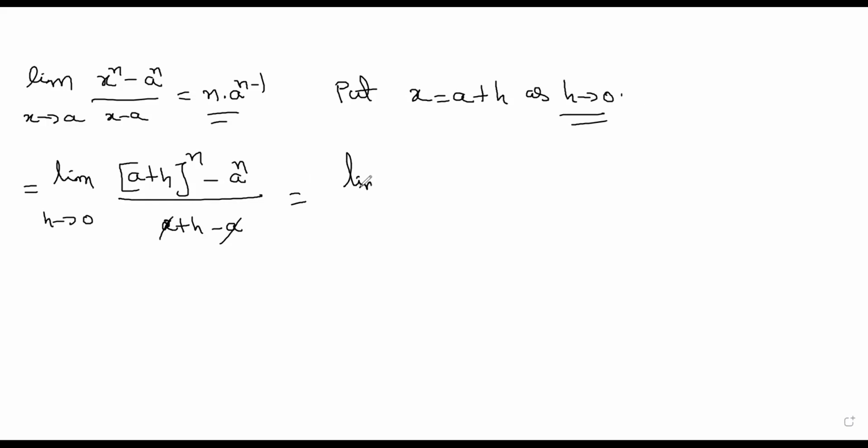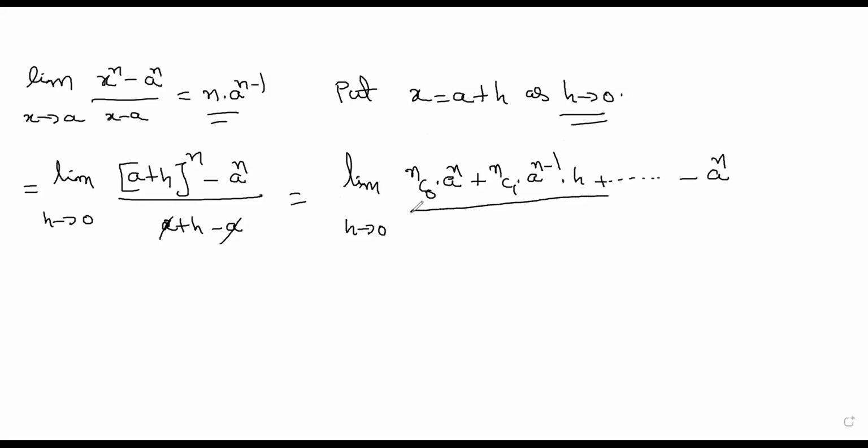So it is the limit as h tends to 0. Apply the binomial theorem: nC0 times a^n, plus nC1 times a^(n minus 1) times h^1, and like this it goes on. Don't worry about the next terms. Minus a^n at the end, divided by h.